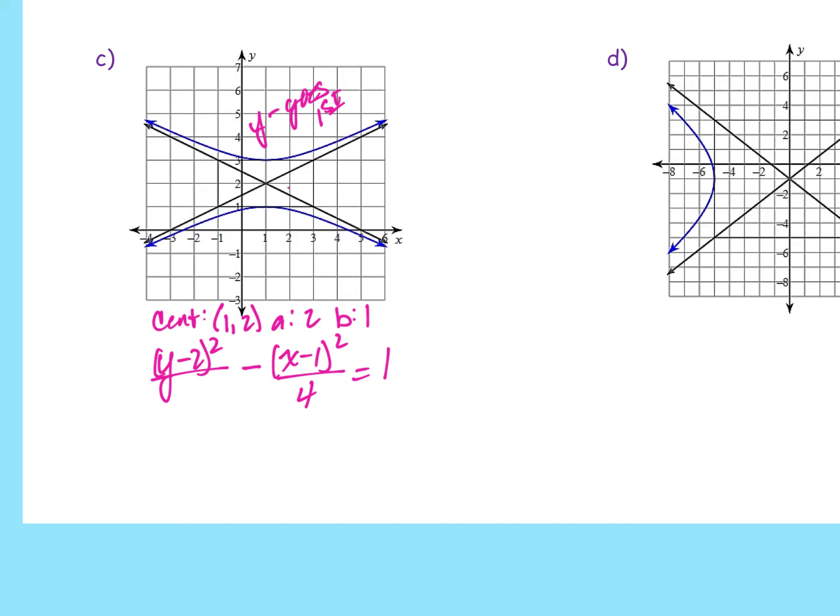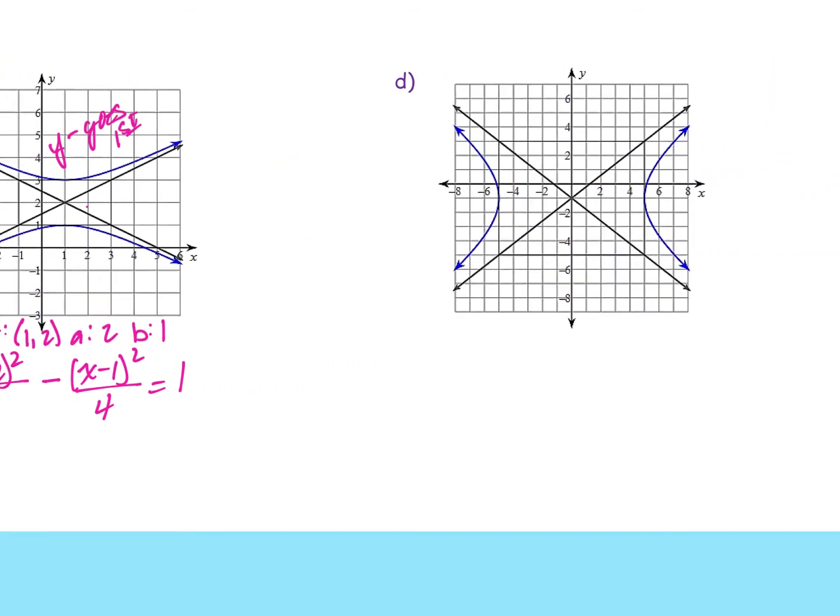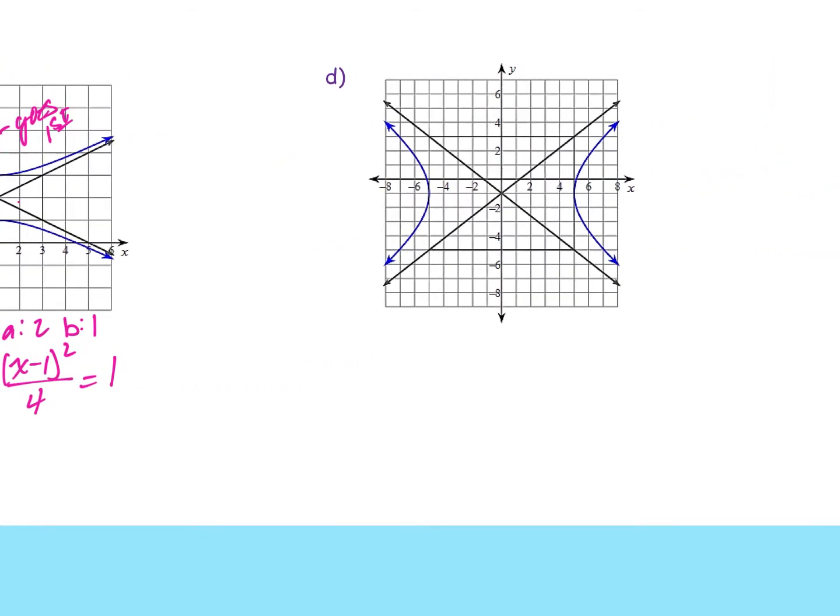Okay. And then D, let's see, center is at 0, negative 1. A is 5, and B is 1, 2, 3, 4.